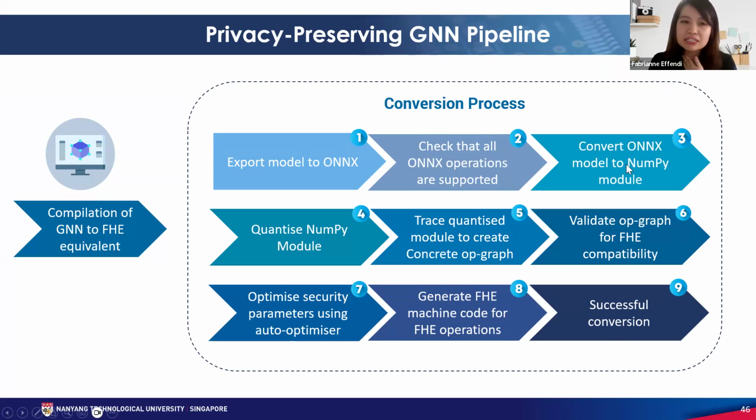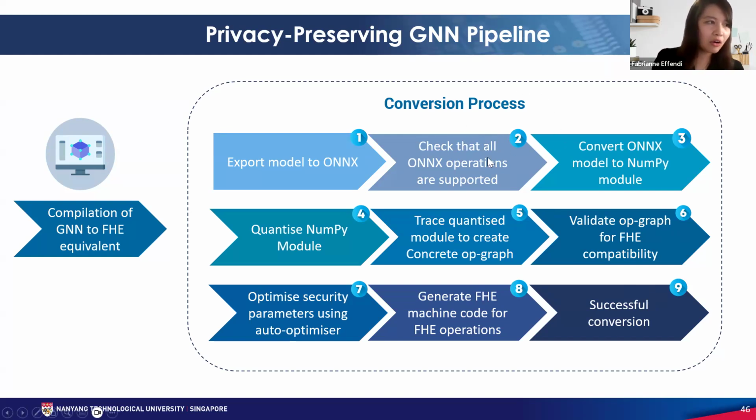Something to take note of is that for this project, we're exploring the feasibility of the two pipelines, and for this GNN pipeline, there were still certain roadblocks in the full conversion of it, but nevertheless, it has set the foundations for future research works.